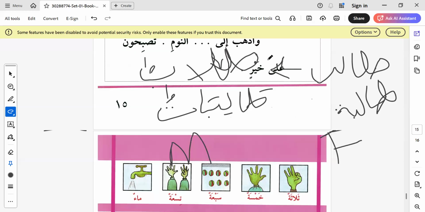For counting, if you are counting from 3 to 10, these are the following principles that you must obey. First of all, you have to get the two parts, adad and ma'dud. You know what is adad, you know what is ma'dud, right? Okay.